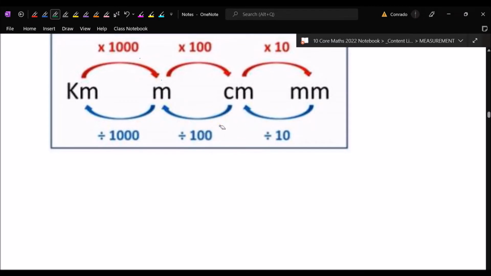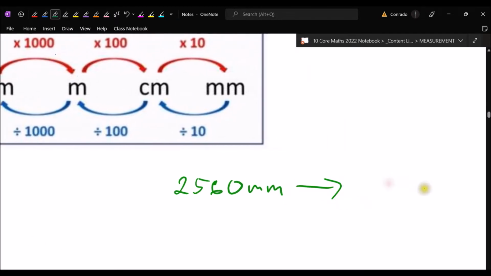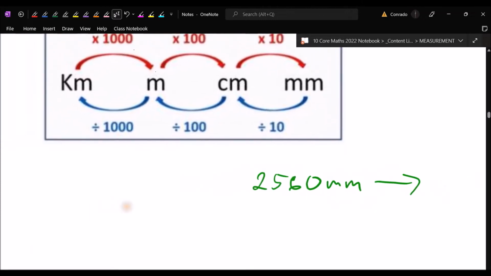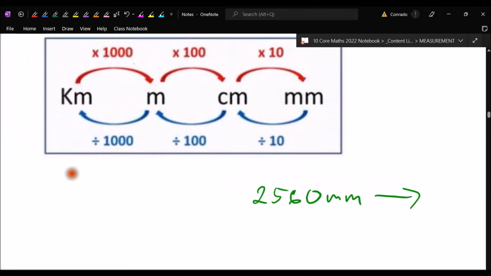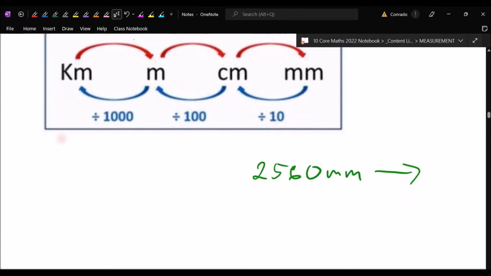So let's say you've got 2,560 millimeters, and I want to change it to meters. To change 2,560 millimeters all the way to meters, I am dividing by 10 and then dividing by 100. You can use your calculator for it.